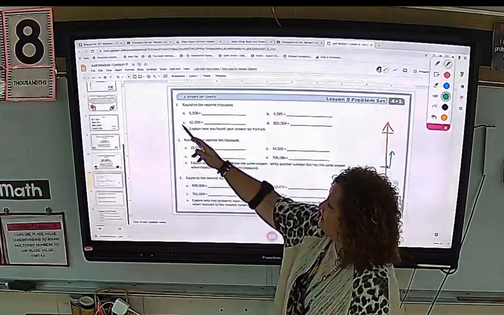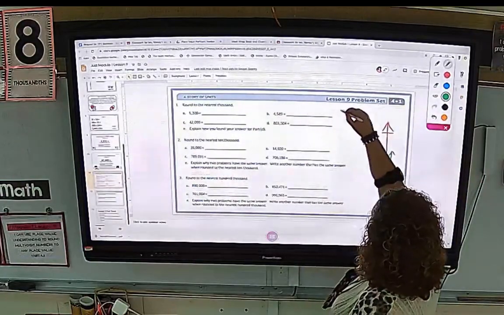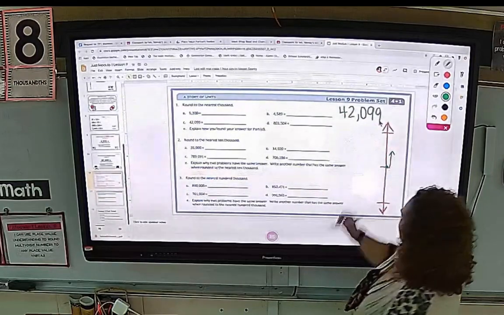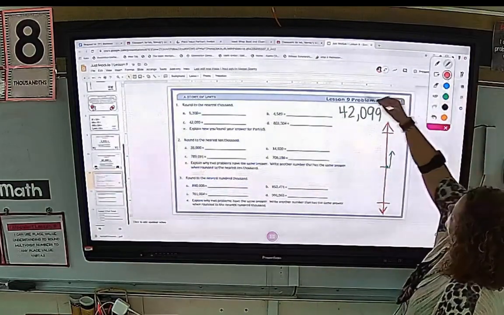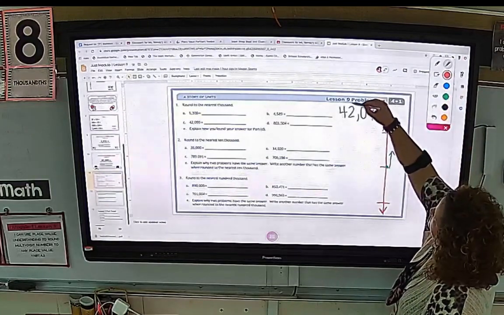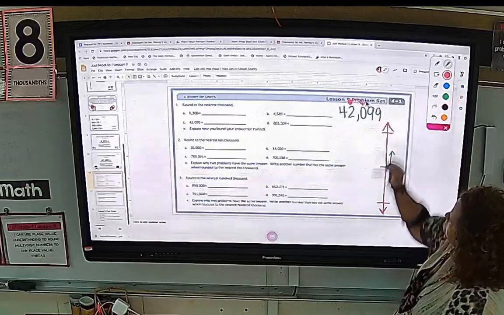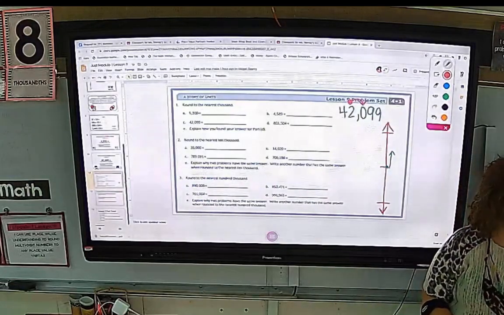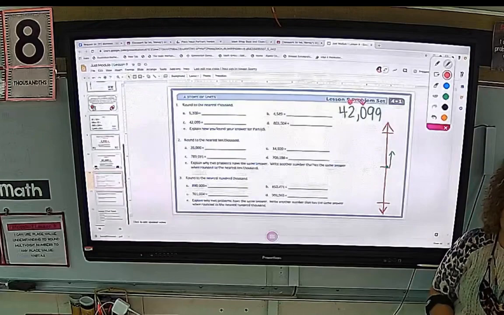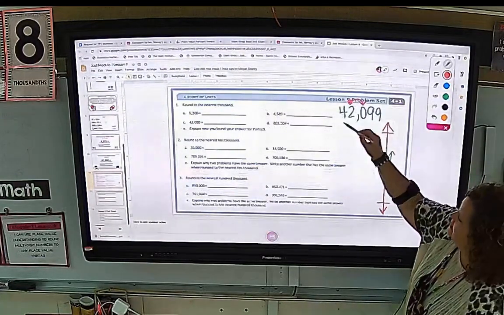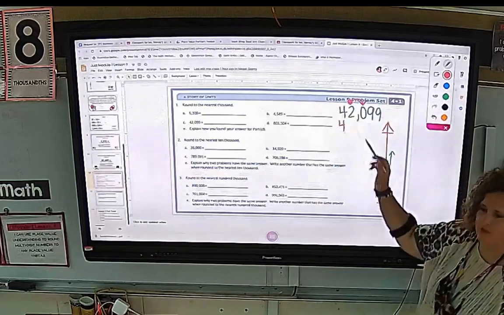Let's look at C. C was 42,099. Thousands place. I look next door. If I'm not doing something right, you better keep me straight. The 4 stays the same. Does that 2 stay the same?